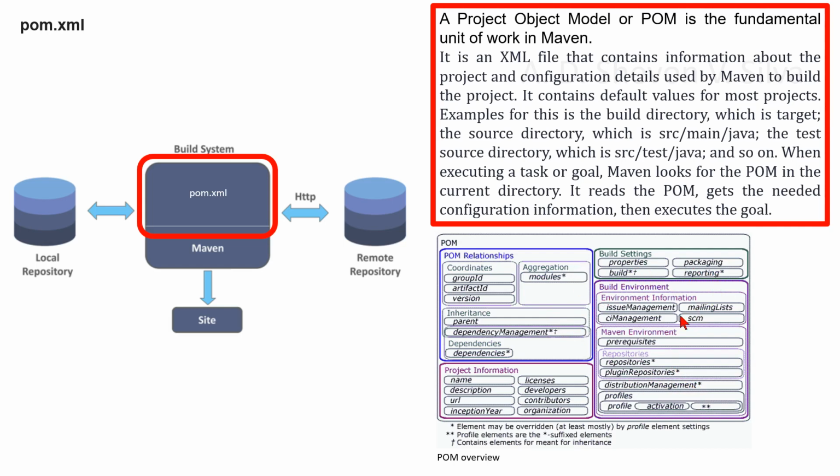And elements with double asterisk are the profile elements, the asterisk dash suffixed elements. Here this sign contains elements meant for inheritance.